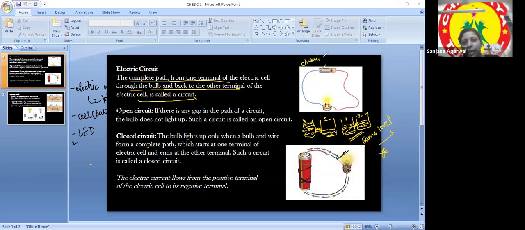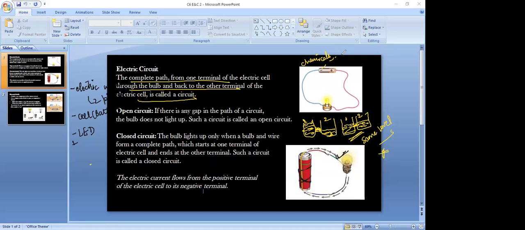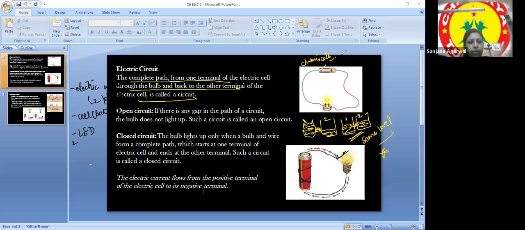Write one more point: electric cells contain chemicals which provide us electricity. Be quick, please. Ma'am, we need to write about only electric circuit? Yes, only electric circuit.